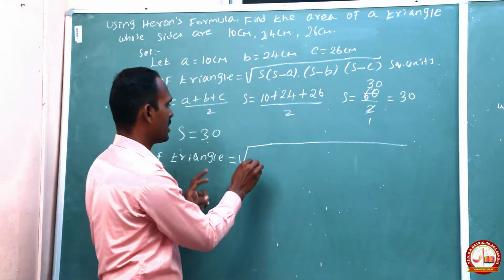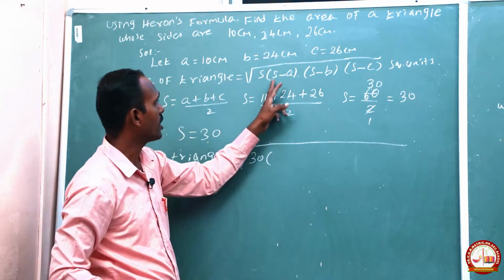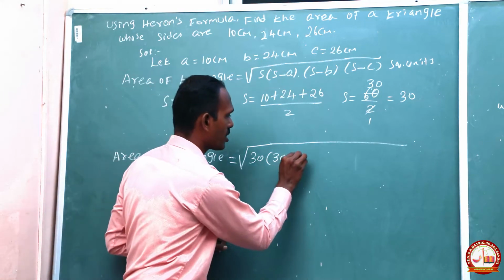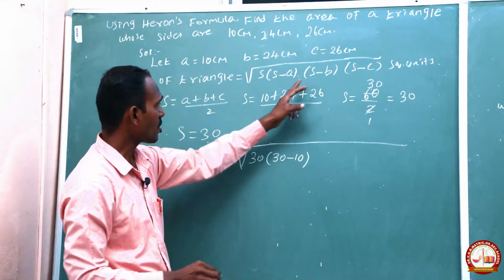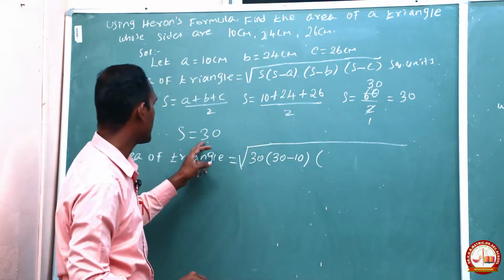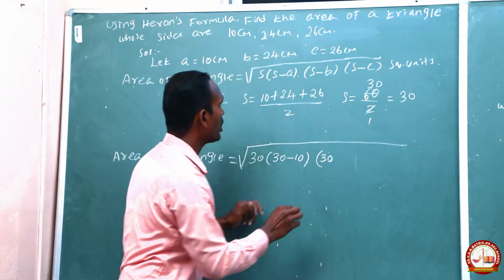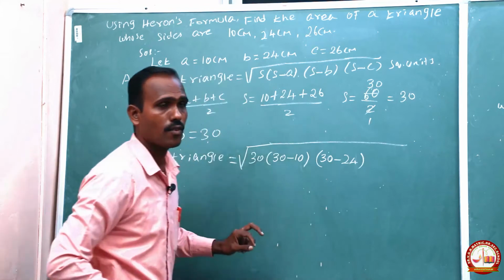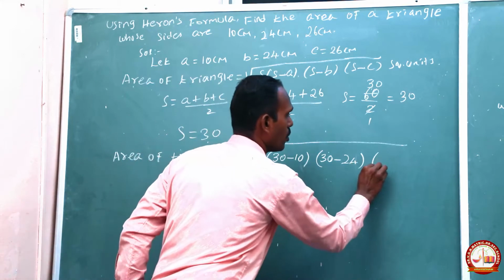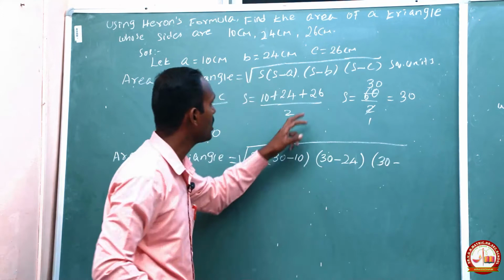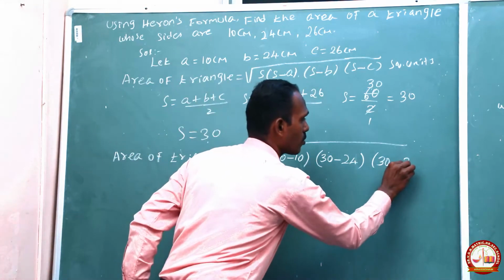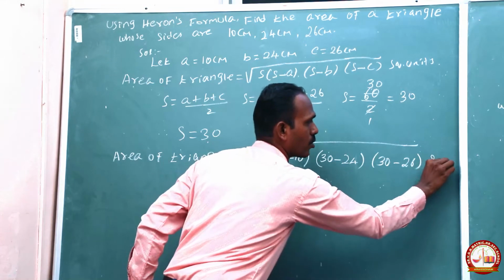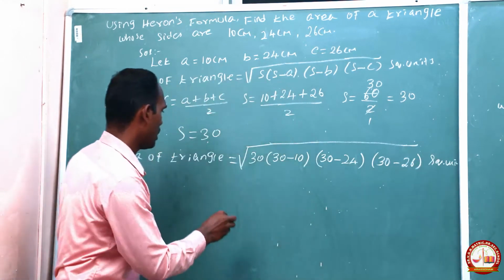What is s? s is 30, so 30, and then (s minus a): s is 30, a is 10, so 30 minus 10, and then bracket, s is 30, minus b which is 24, and then s is 30, minus c which is 26, square units.